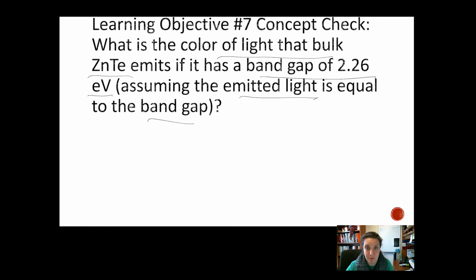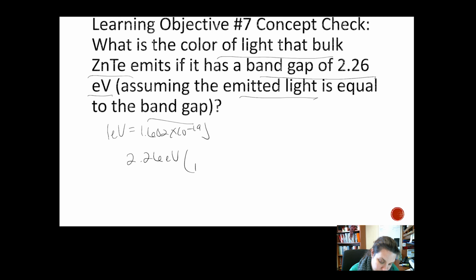As you excite it, when it relaxes back down, it'll emit that energy as light. 1 eV, or electron volt, is equal to 1.602 times 10 to the negative 19 joules. That would be a value you would be given. So we can convert that 2.26 eV into joules using that information.